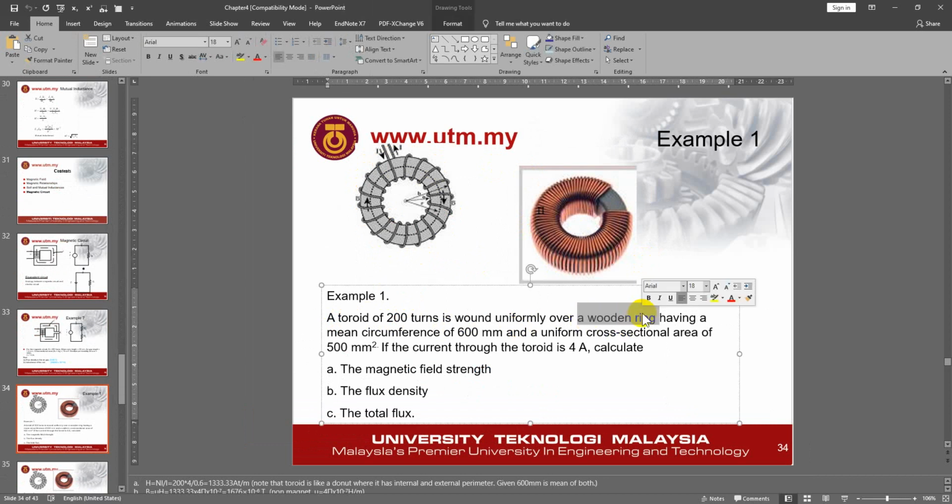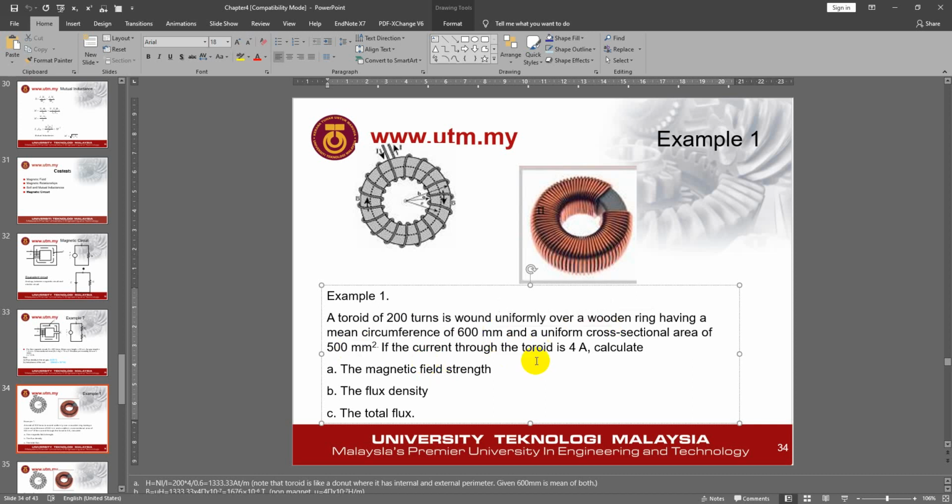A wooden ring is a non-magnetic material, so mu R, the relative permeability, is 1. It has a mean circumference of 600 millimeter and a uniform cross section of 500 millimeter square. This is the cross section here. Make sure that you convert this value into SI units.